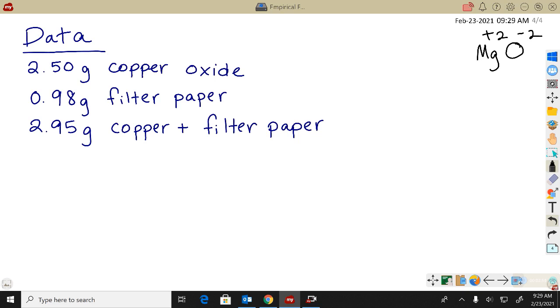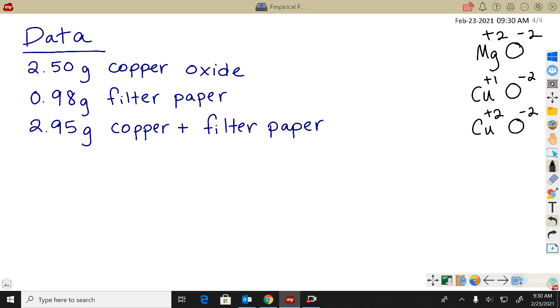But often it's a little different situation when you have a transition metal because they can have different charges. In the lab, I have 2 different containers of copper oxide. One of them is copper +1 oxide, and the other is a copper +2 oxide.